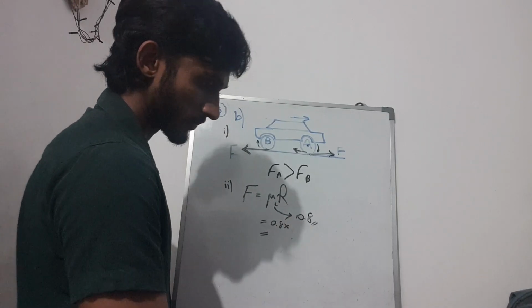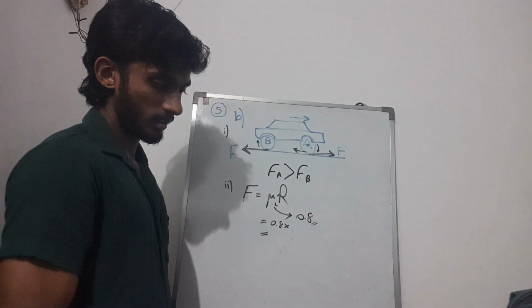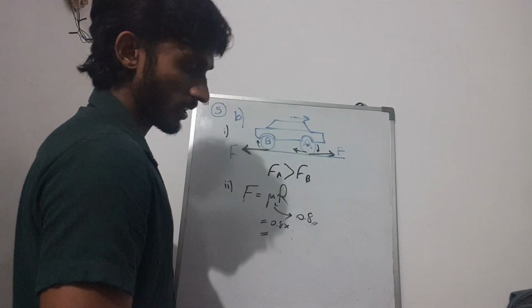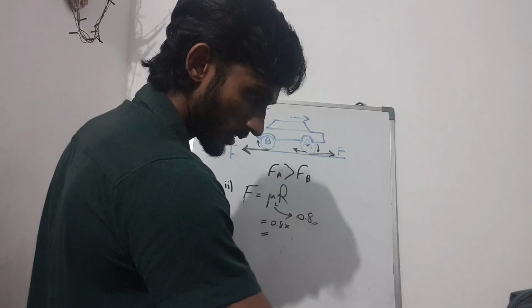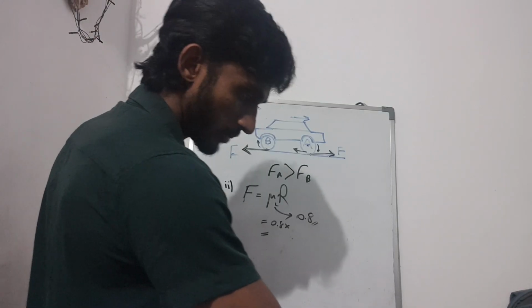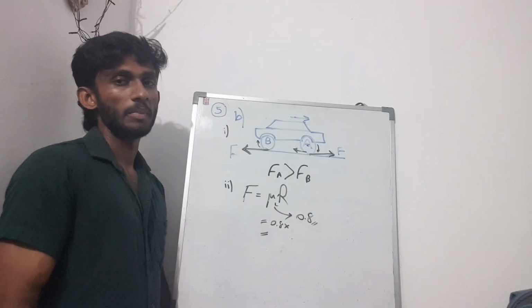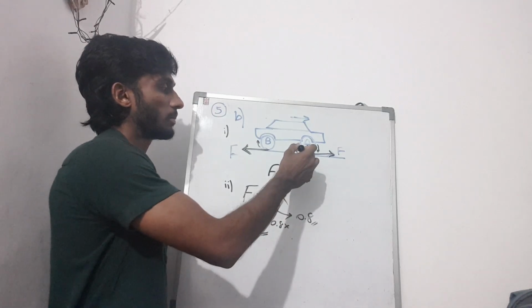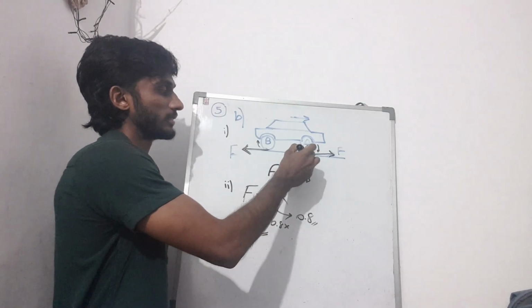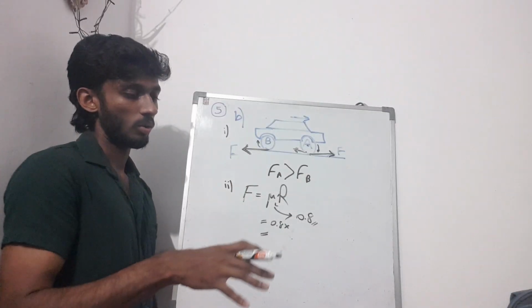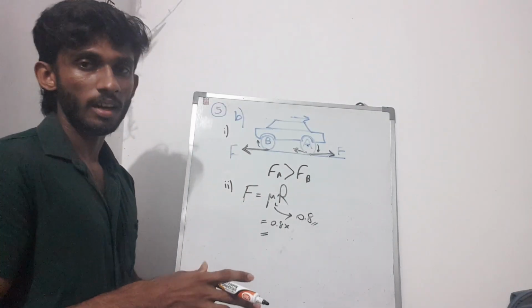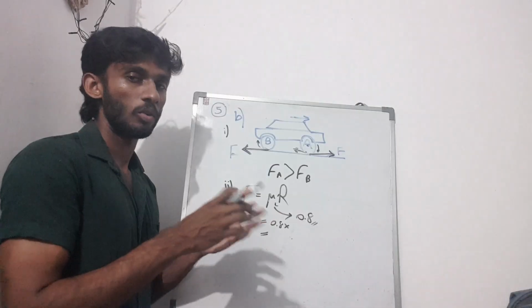They ask for the maximum initial driving force. The maximum initial driving force only applies to the front wheels. The whole weight of the car is on 4 wheels.